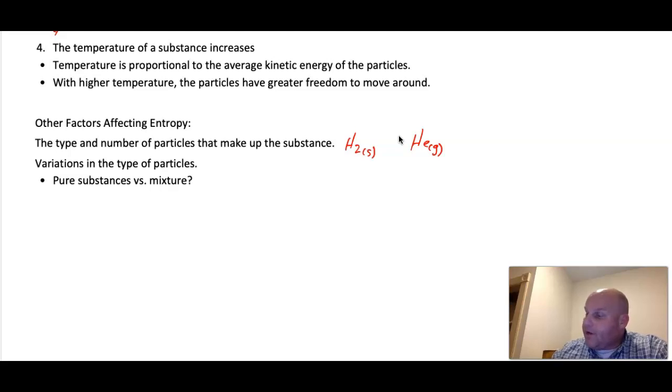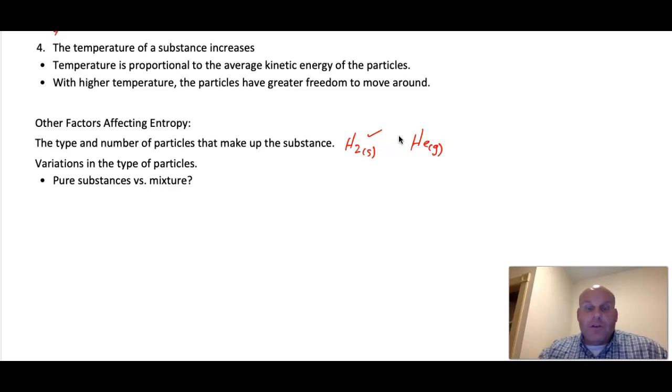So I would expect greater entropy here. And variations in the type of particles, so a pure substance versus a mixture. The more different types of substances, which is similar to maybe what we saw in the microstates when I had 4 different types of particles in the box, the more different types of substances or particles would increase the different variations that I would have, and therefore would increase my entropy.